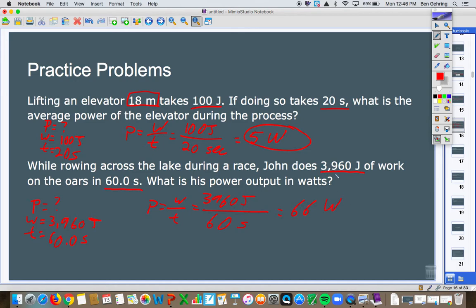Now I have 3 significant digits here and 3 here, so I need to make this 66.0 watts for my final answer. So that is going to be those questions.